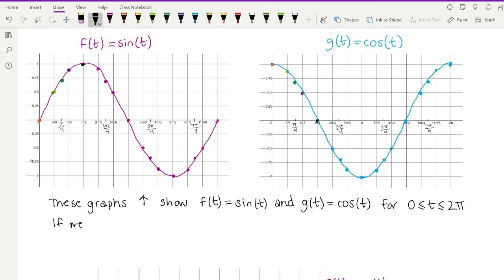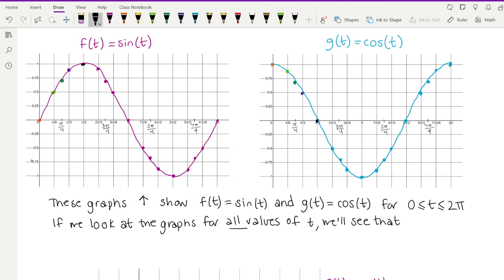So if we look at the graphs for all values of t, so zooming out and not just focusing on between 0 and 2 pi, we'll see that their shapes repeat themselves every 2 pi.